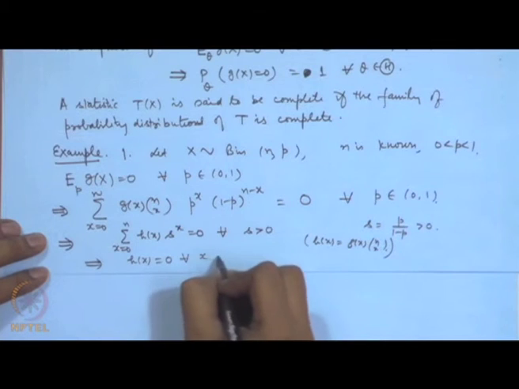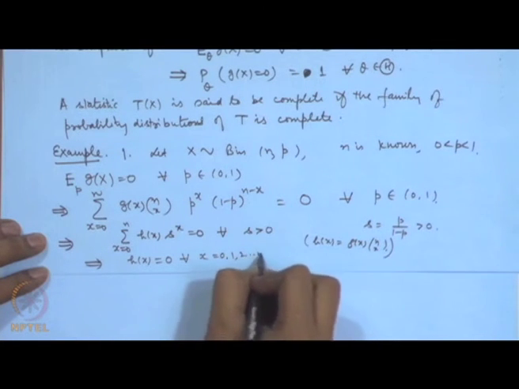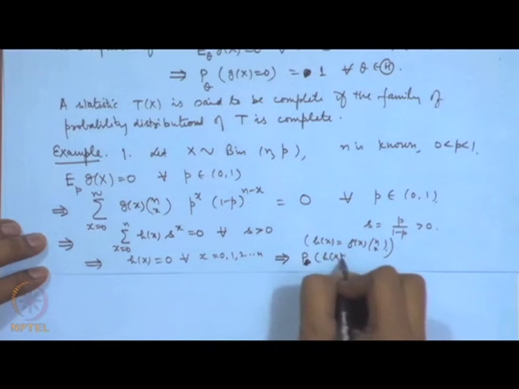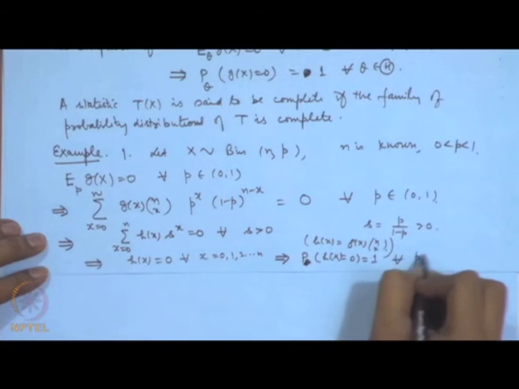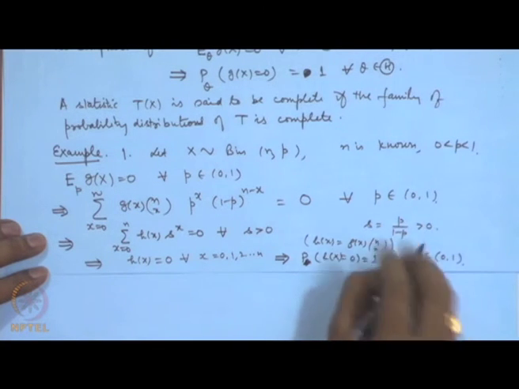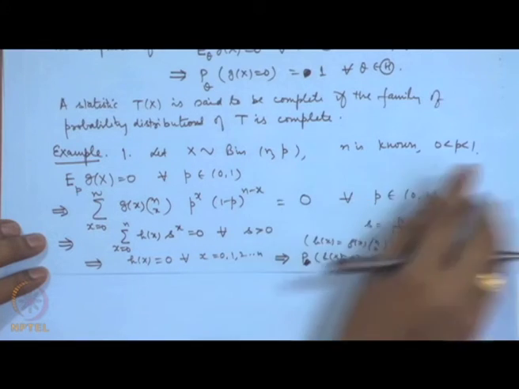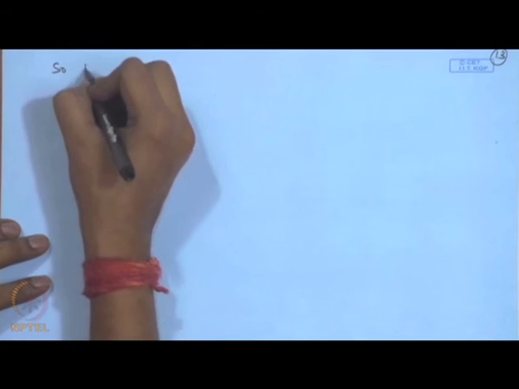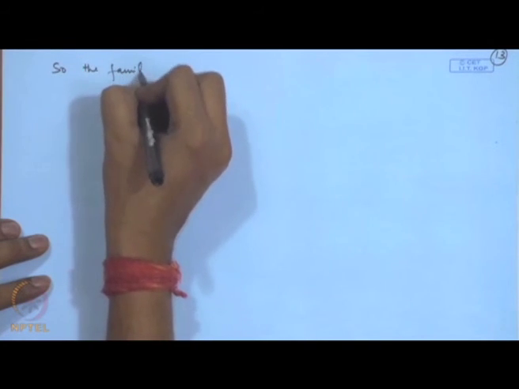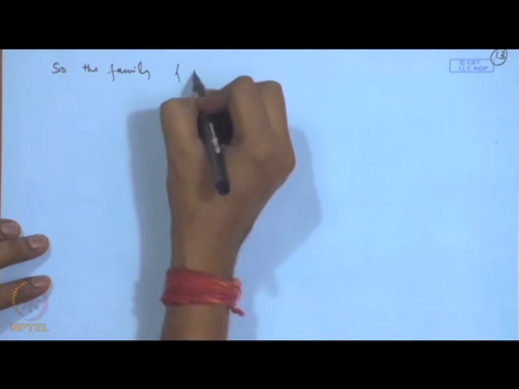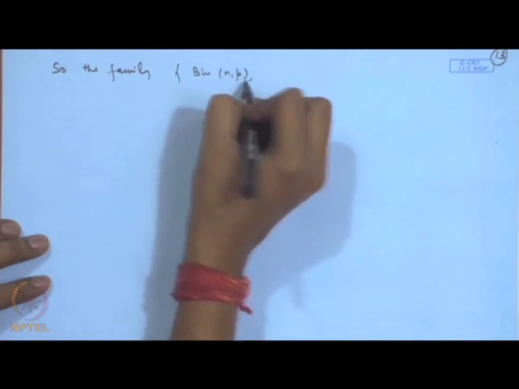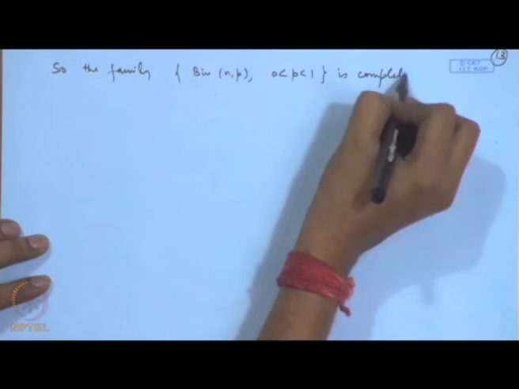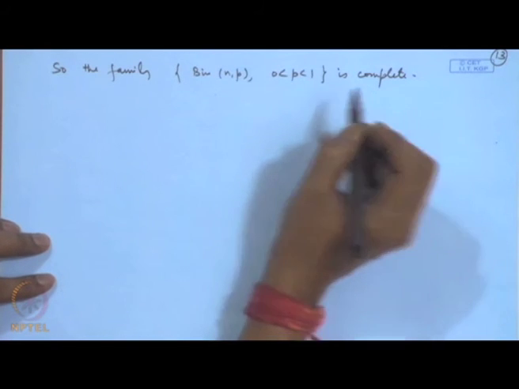Here, for all x means, because x can take values 0, 1 to n, the probability that h(x) equals 0 is 1 for all p. So, the family of binomial distributions (n, p), where p lies between 0 and 1, is complete, or we can say here X is a complete statistic.